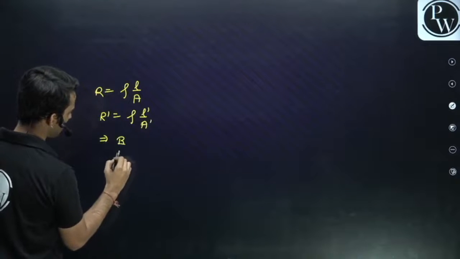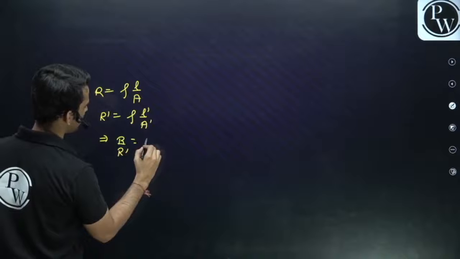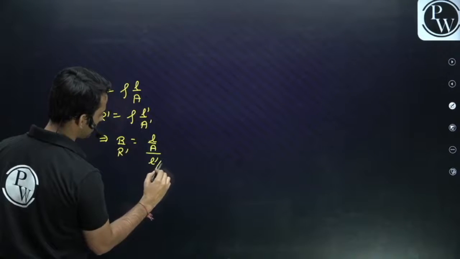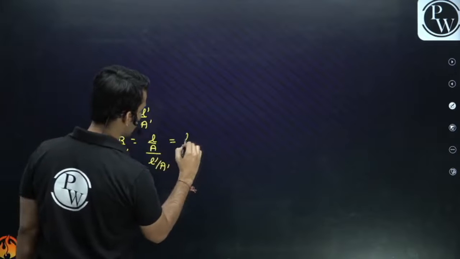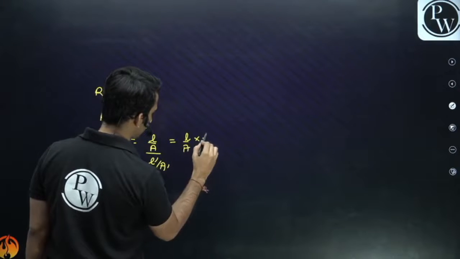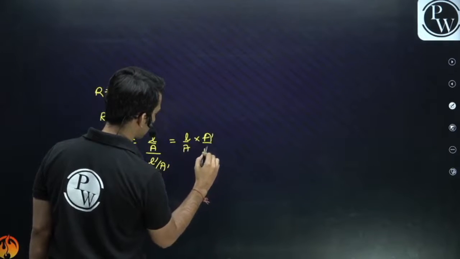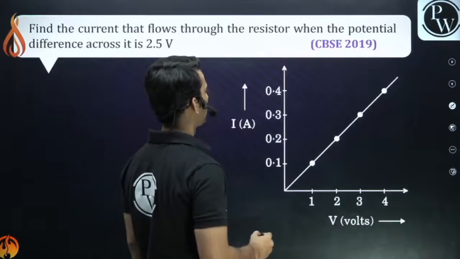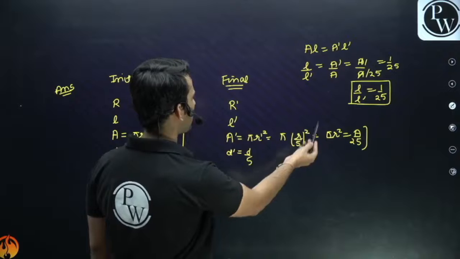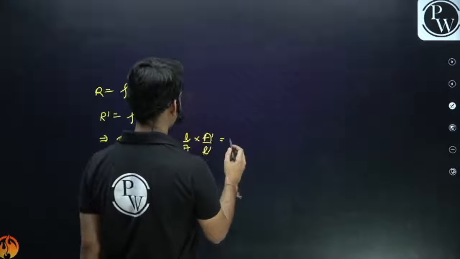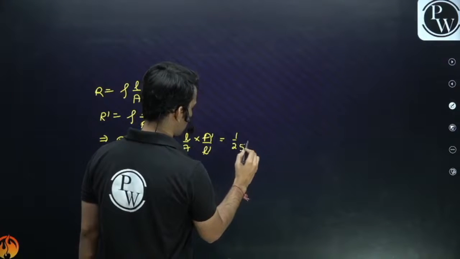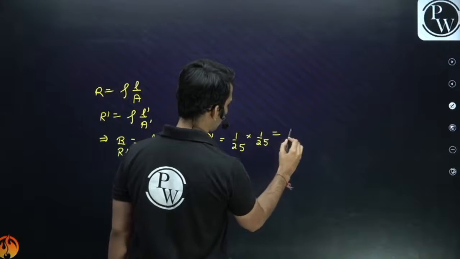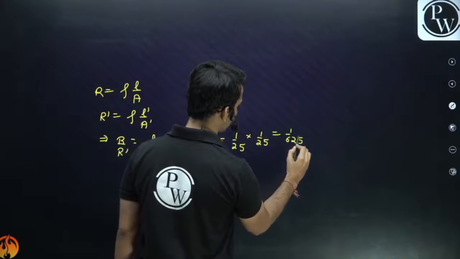So R upon R dash is L upon A into A dash upon L dash. L upon L dash is 1 by 25, and A dash upon A is also 1 by 25. So it is 1 upon 625.